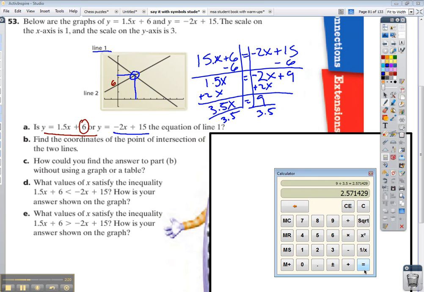And so that makes sense, because if I go straight down, I guess that's about 2.57. So I'd say 2.57, and this is going to be about 7, right? But I can find out by plugging in. I'm going to just round this to 2.57.